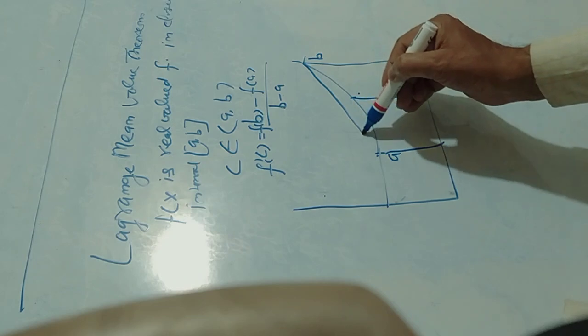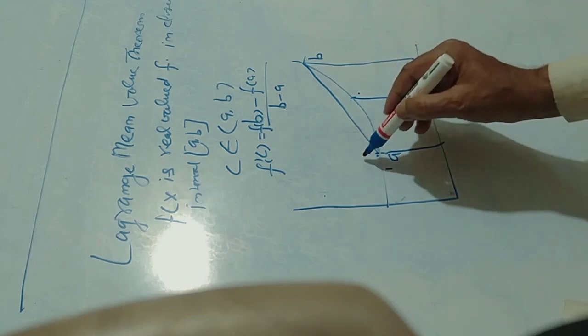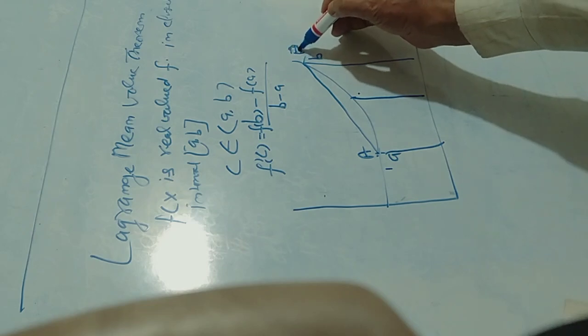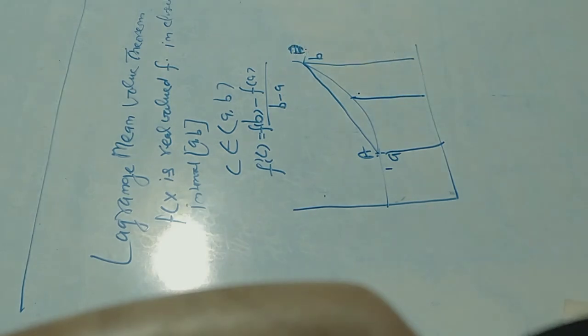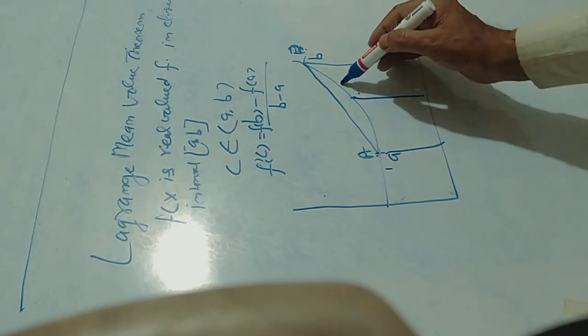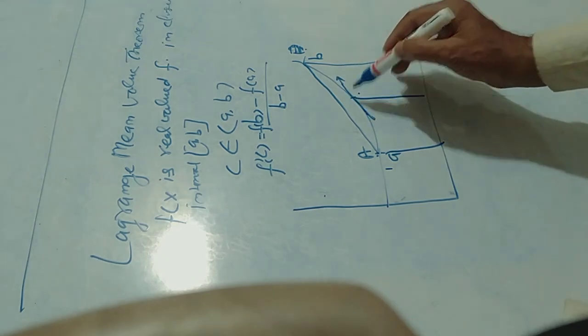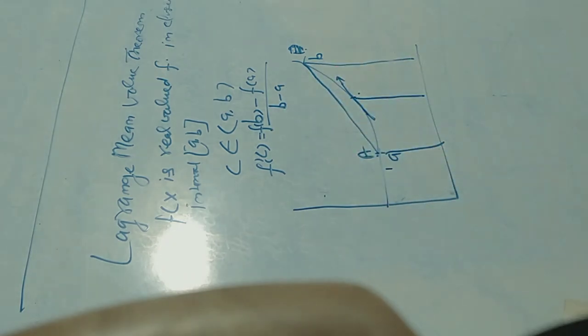There are 2 points, a and b. Okay. The tangent is here, f'(c) at this point. f'(c) is equal to (f(b) minus f(a)) upon (b minus a).